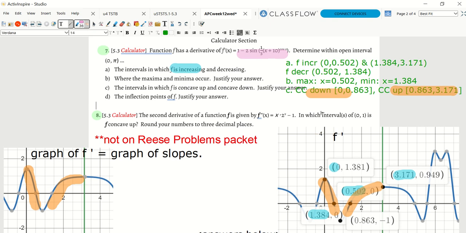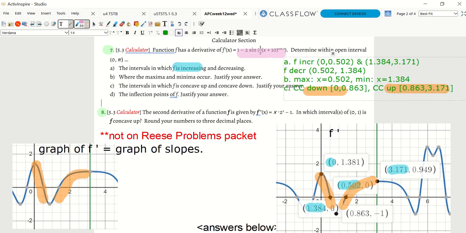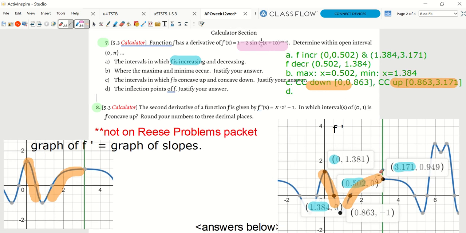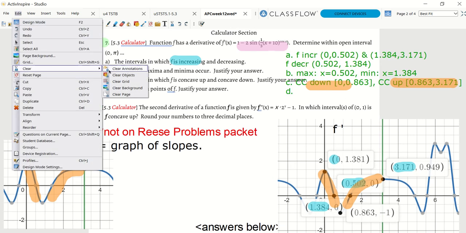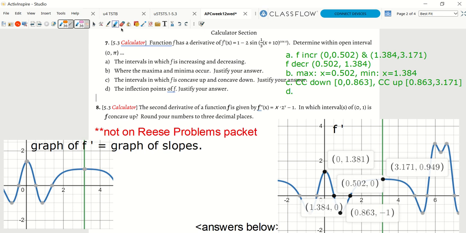And D, the points of inflection, is where we have a change in concavity, okay? So watch this. Let me again get rid of these highlights over here. Remember, this was concave down, this was concave up, and we have a change in concavity here.